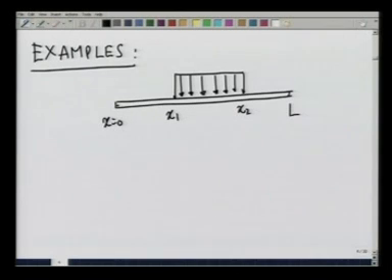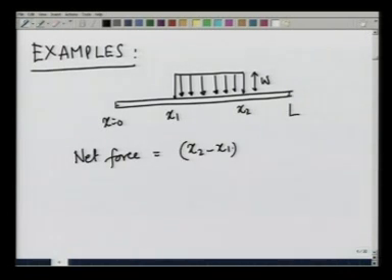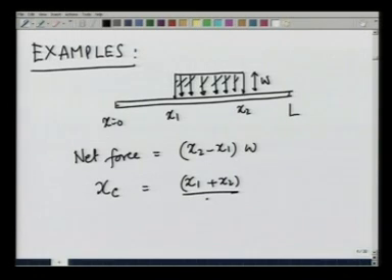In that case, suppose this magnitude is W. One can easily see that the net force that this applies is the area of this rectangle, which is going to be (x2 minus x1) times W. And where does it act? It acts at the centroid of the area formed by this force distribution and the beam, and the x centroid is nothing but (x1 plus x2) divided by 2.